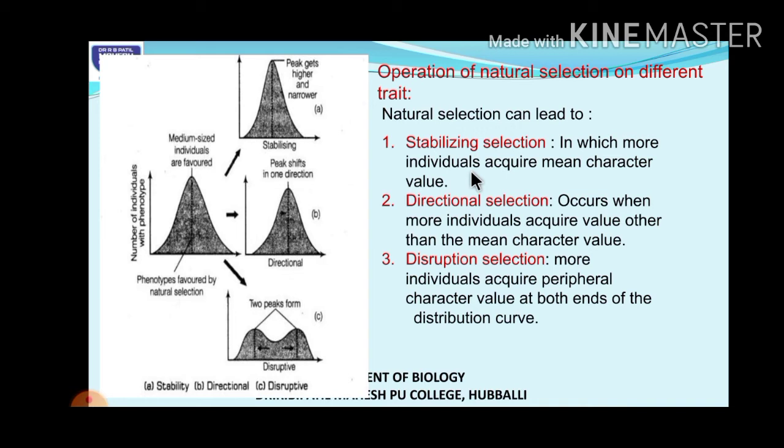Directional means what? It occurs when more individuals acquire a value other than the mean character, that is the peak is shifted to one side. Disruptive means extremes are selected, 2 peaks will be formed on either end. Okay, so I have explained it to you in detail in the video, right?